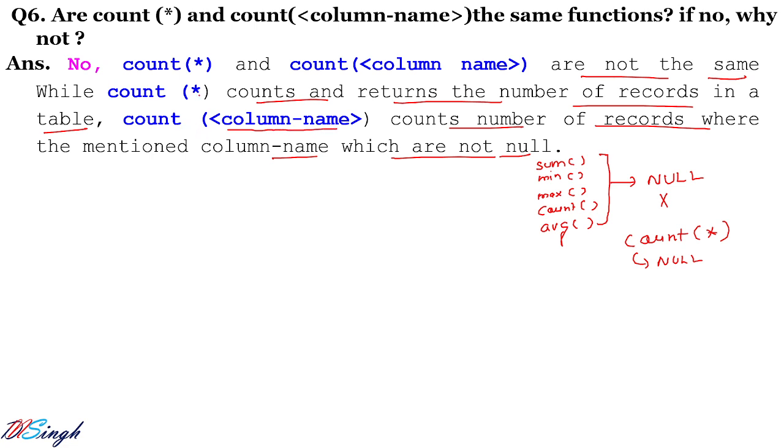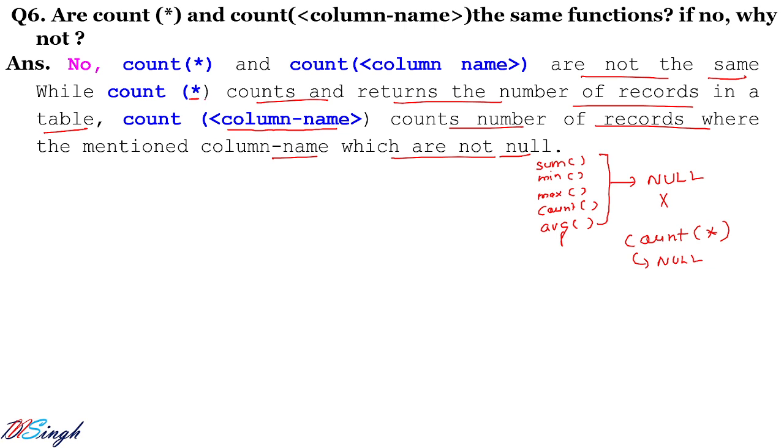But count star is going to count all the records in the table, because it is not going to consider a particular column. And never will there be a case in a table where all columns are null. If all columns are null, that record should not be present there. So if any one column has a value, it is going to be counted by count star.